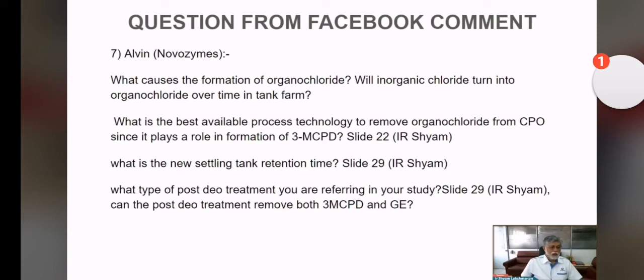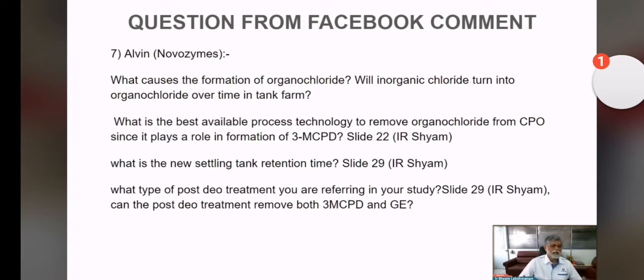For removal of organic chloride, the best available process technology, again, is to have low organochlorides coming in the CPO. What we sometimes have to do is look at the different incoming streams of CPO and blend them in our tanks to get lower levels fed to the refinery, because we get many suppliers.